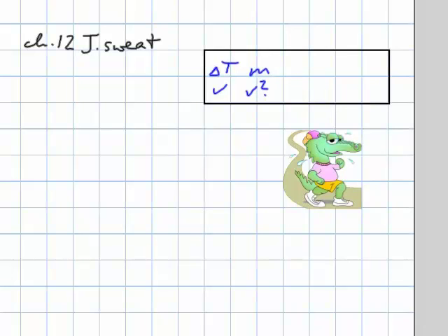And what is given is the specific heat capacity of the jogger, and then the latent heat of vaporization of water is given. So I'm going to write LV down here.